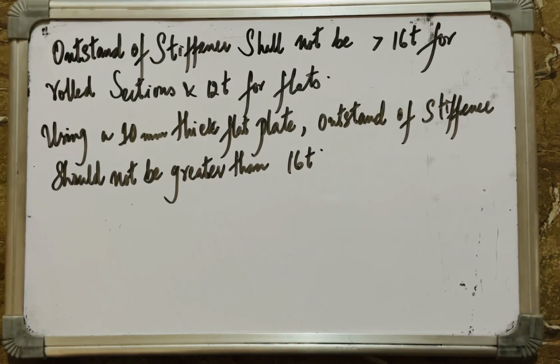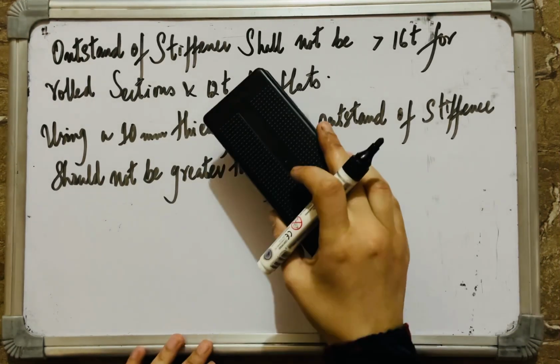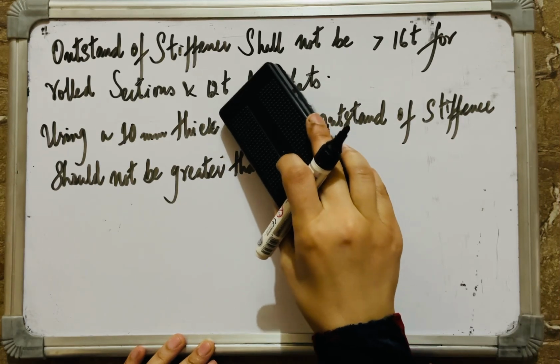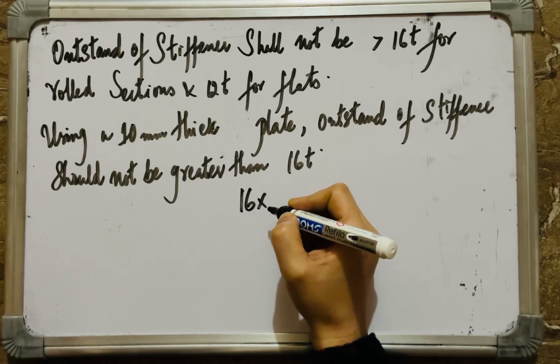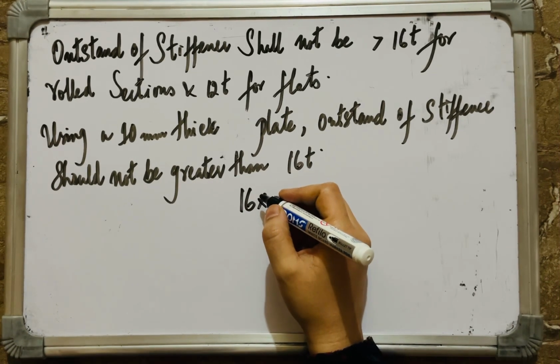Please do not confuse yourself with the flat that I wrote down here. If we are using a 10 mm thick plate, the outstand of the stiffener shall not be greater than 16t for rolled sections and shall not be greater than 12t for flats. Since we have rolled sections, as in the very beginning of the question, we are using rolled steel sections. So if we are using a 10 mm thick plate, our outstand of the stiffener shall not be greater than 16t. 16, and how much is the t? We are using a 10 mm thick plate.